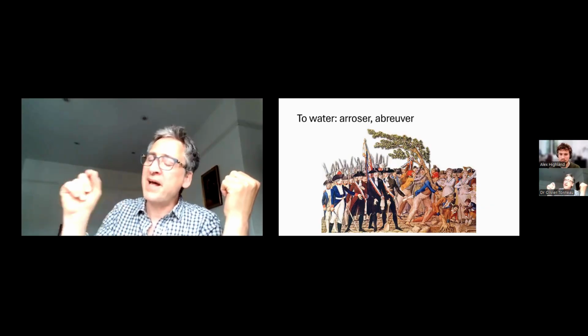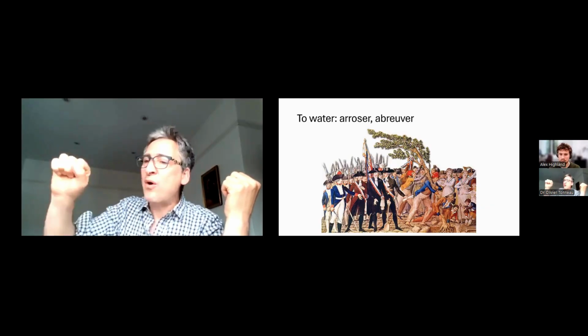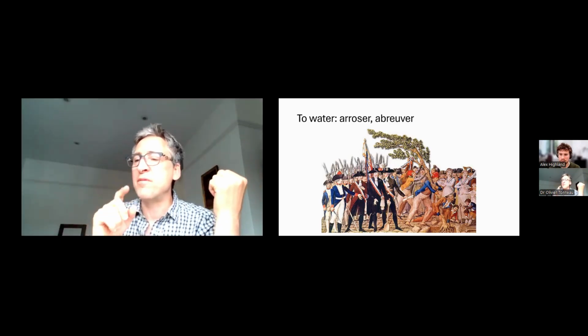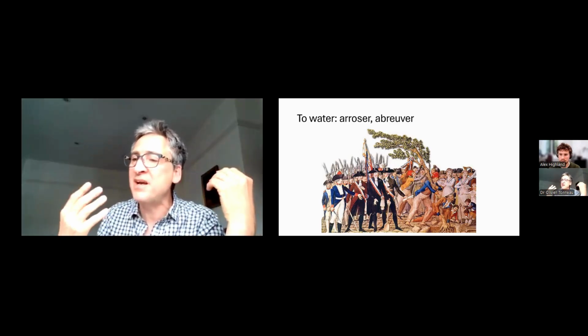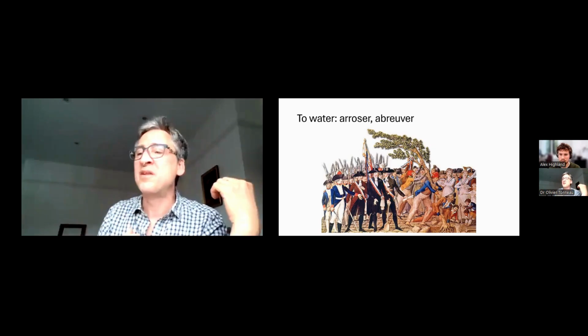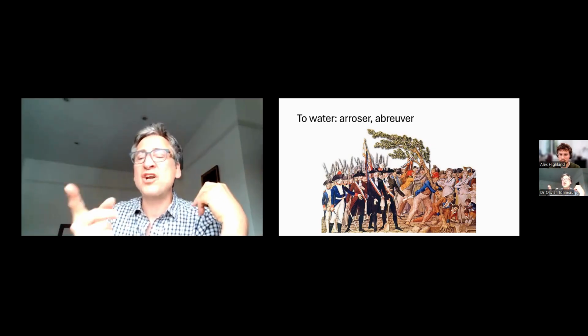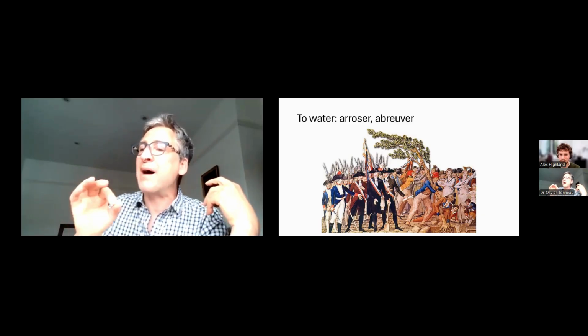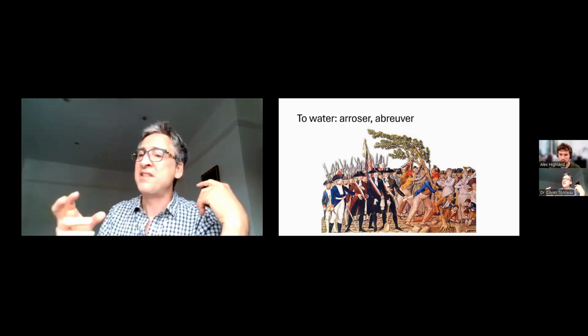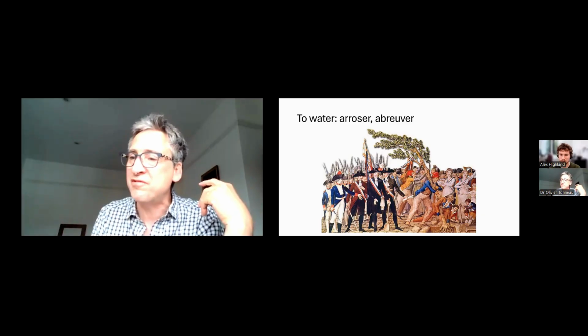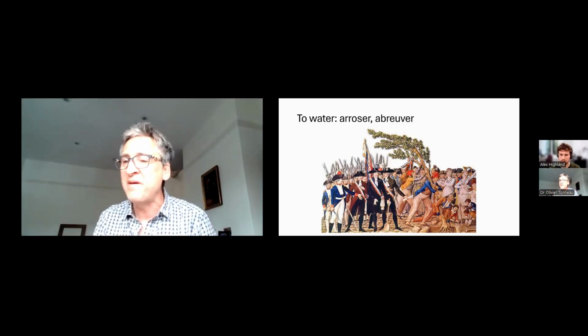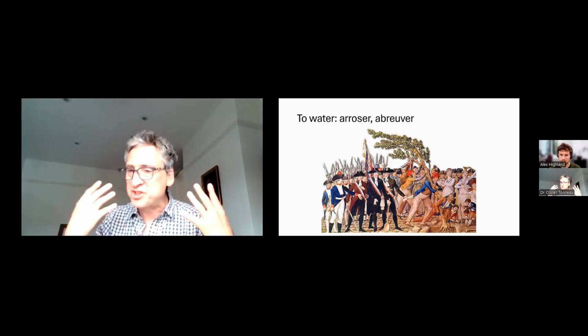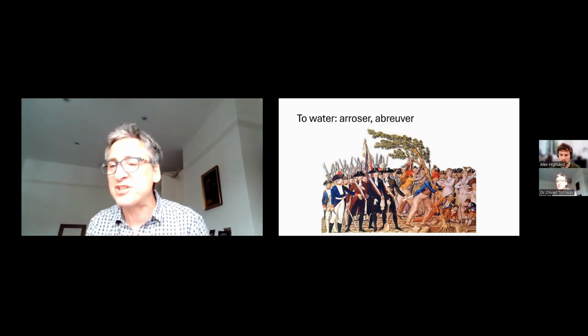In French, for a plant, we would say that we arroser the plant. But for an animal or for a sentient being, we abreuver. And so in the notion of may an impure blood abreuver our fields, there is also a personification of the field. The field becomes a living thing, a thing that can have emotions and experience pleasure and pain.